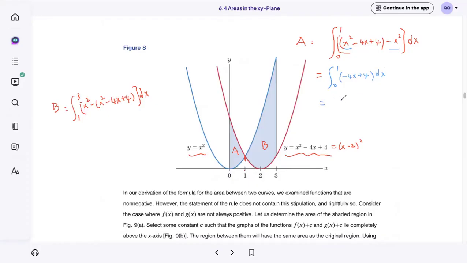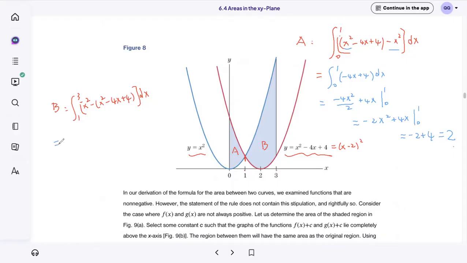We anti-differentiate and get negative 4x squared divided by 2 plus 4x. Then we evaluate from 0 to 1. That's negative 2x squared plus 4x. At 0, we get nothing. At 1, negative 2 plus 4, which is 2. So region A has area 2.